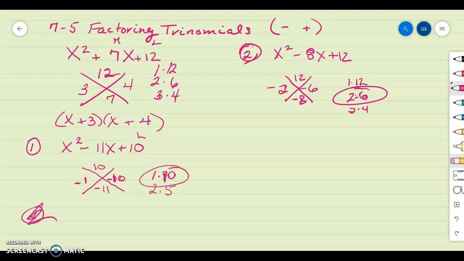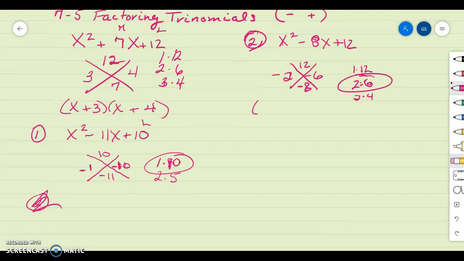So -2 and -6 is -8. -2 times -6 is +12. Therefore, we found our numbers, and we are going to write x minus 2 and x minus 6. Okay, and that is the factored form.